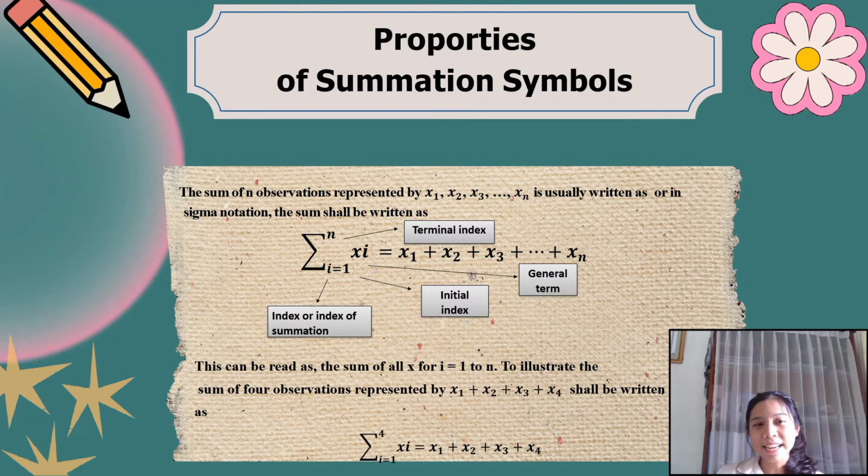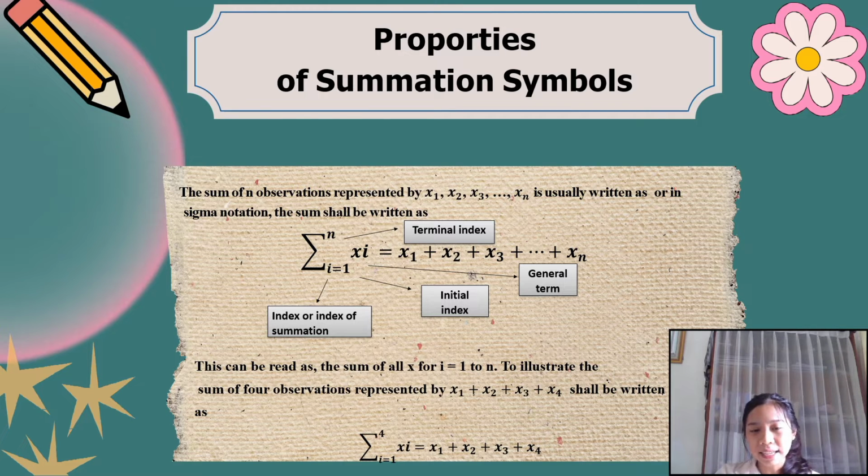Okay, the next material: properties of the summation symbol. We know that the sum of n observations represented by x1, x2, x3 until xn is usually written in sigma notation.